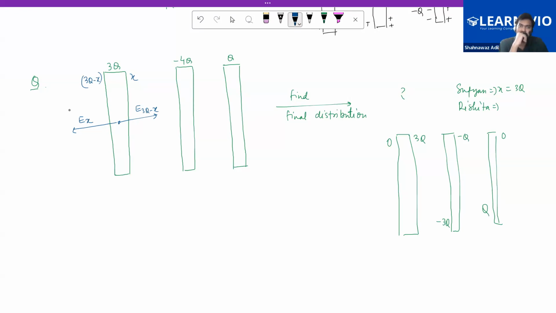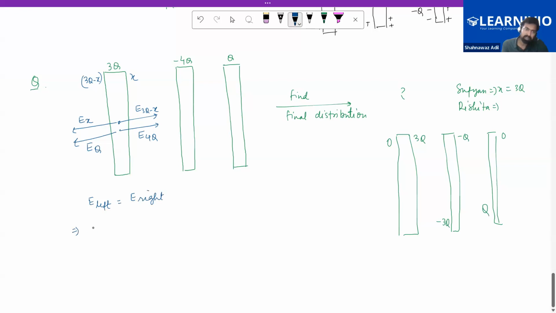Towards minus 4Q, right? So this would be 4Q. Whenever we have taken the direction, we don't write the sign of these charges. And this would be repulsive, so this is on this charge.